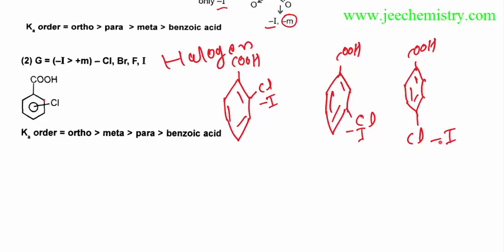As the minus I effect is distance dependent, the ortho will be more acidic than the others. Similarly, here is chlorine, here is bromine. The similar thing will happen for bromine, fluorine, and iodine.